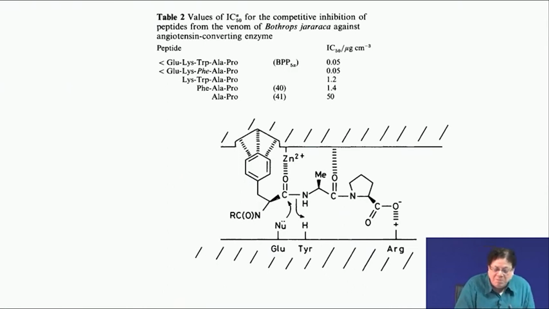Now, let us again come back to that pentapeptide: pyroglutamic acid, lysine, tryptophan, alanine, proline. So, what it says is IC50 values. IC50 is the amount that is needed to lower the enzyme activity by 50%.